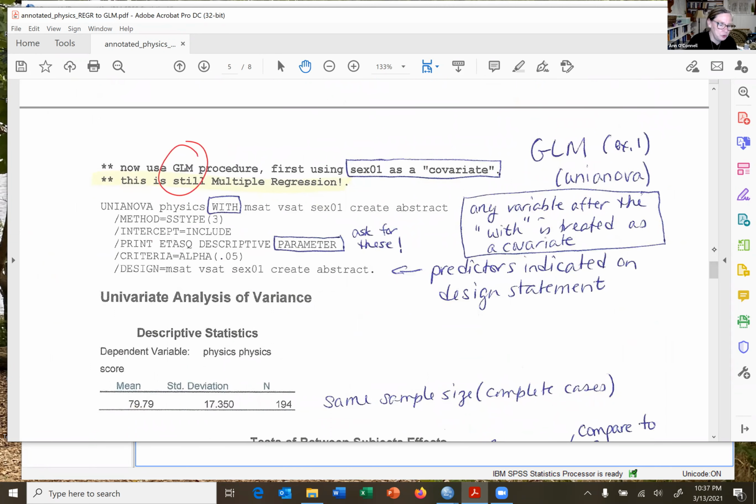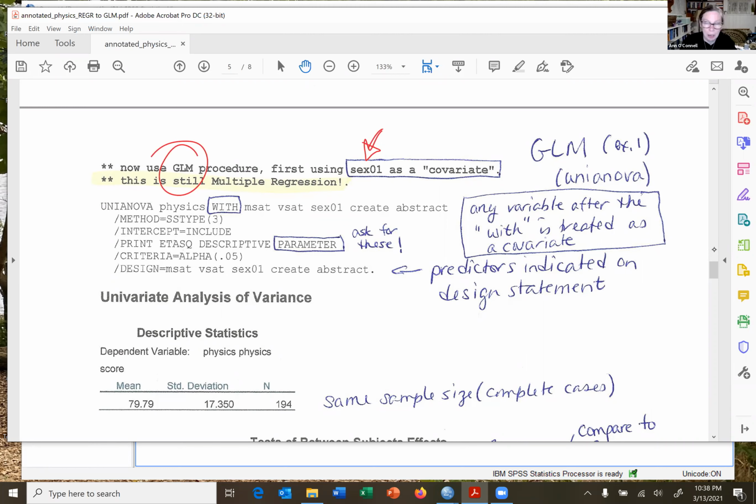So now we're going to use the GLM procedure. The first thing I'm going to do is use sex 01, which I dummy coded, as a covariate. Whenever you're dummy coding something for an analysis, you can include it as a covariate because you've already taken care of the fact that it's a categorical variable.